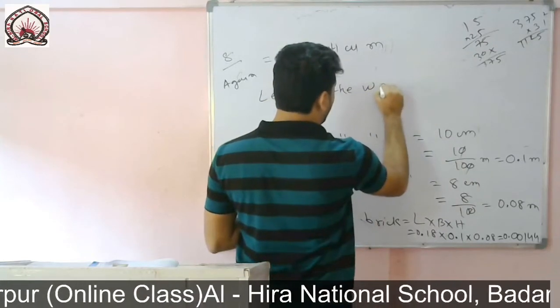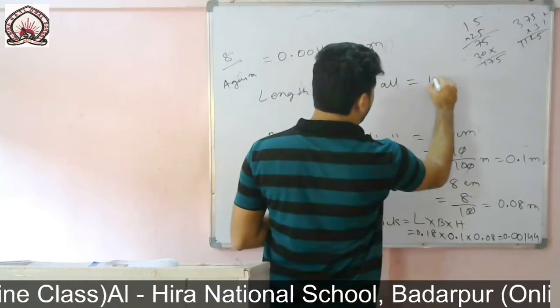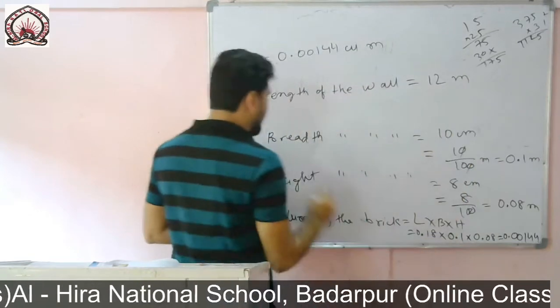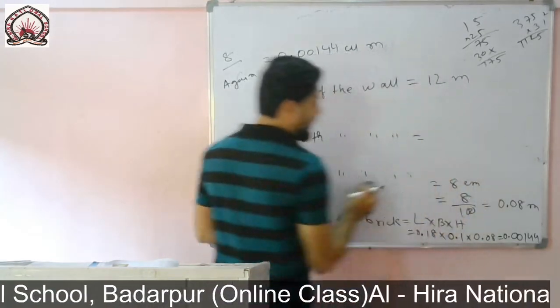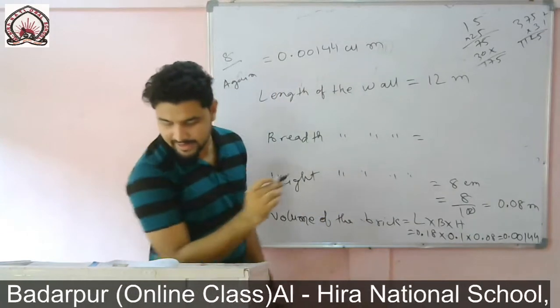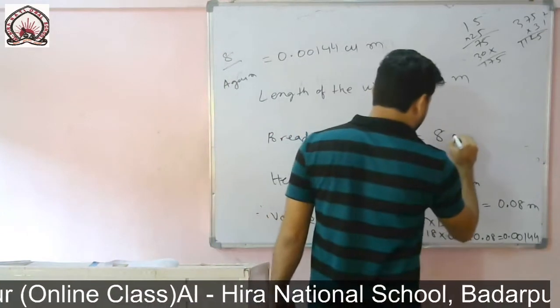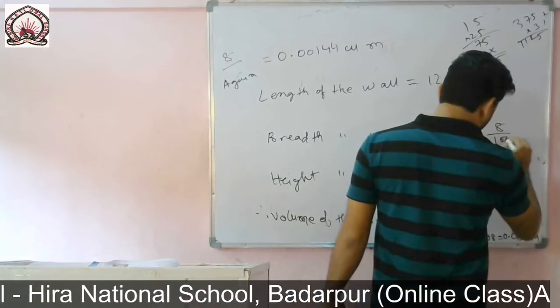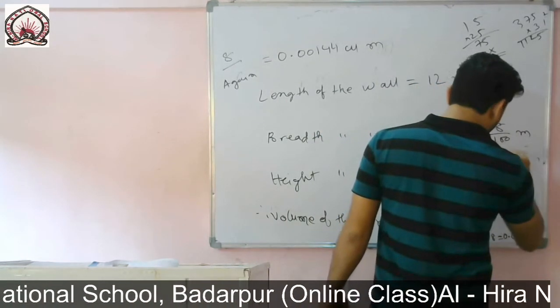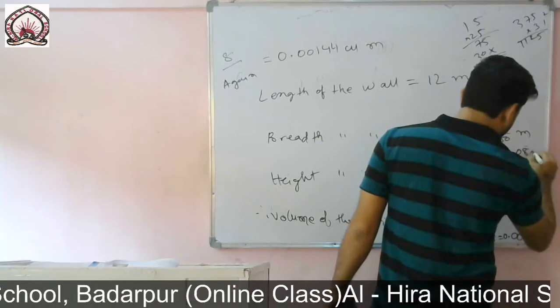Length of the wall is 12 meter. Okay, breadth of the wall, what is given? 8 centimeter. Yes, we have to convert this one, 8 centimeter. So it will be 8 by 100, 0.08 meter.